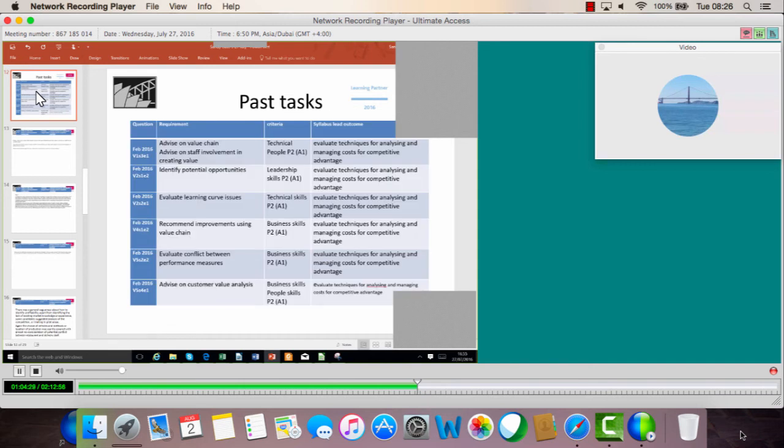Within my analysis of the past exams, this particular syllabus outcome wasn't examined in the May 2016 exam. Now, there's all sorts of dangers of trying to read too much into this, but I would expect that the examiner is probably working on a system whereby they try to include all the lead outcomes over a number of diets of exams.